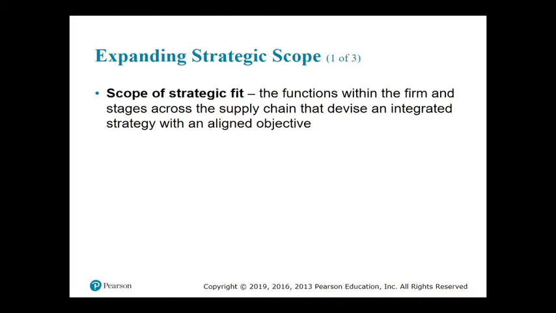Okay, so when we talk about scope of strategic fit, we talk about the extent of functions within the firm and stages across the supply chain to integrate the strategy with an aligned objective.